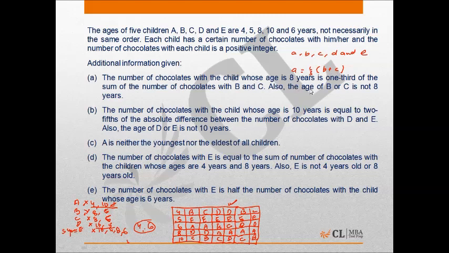Now, in the next statement, the number of chocolates with the child whose age is 10 years. In this case, the age of D is 10 years.